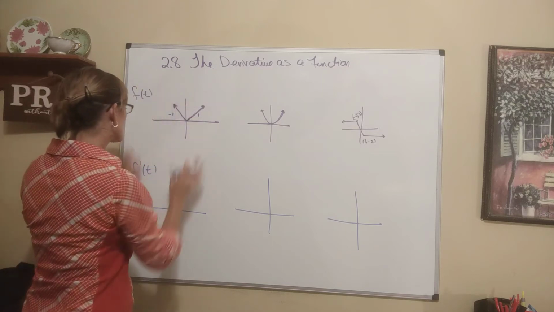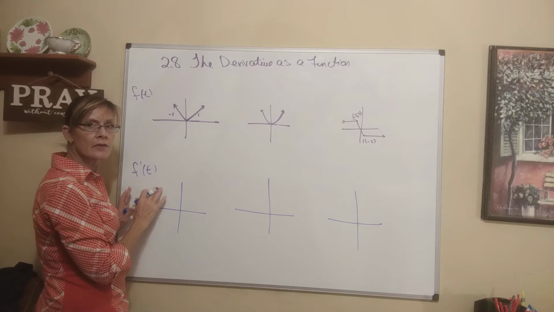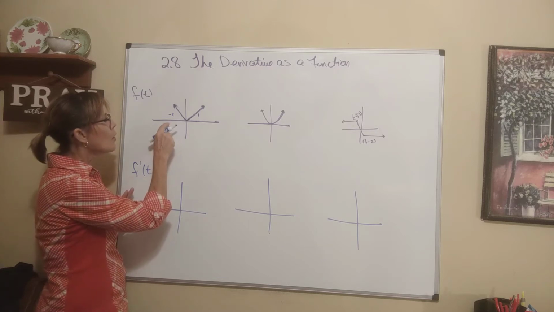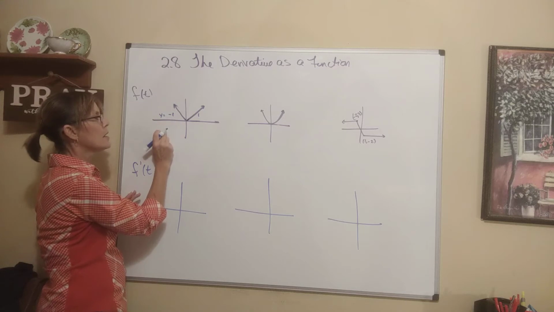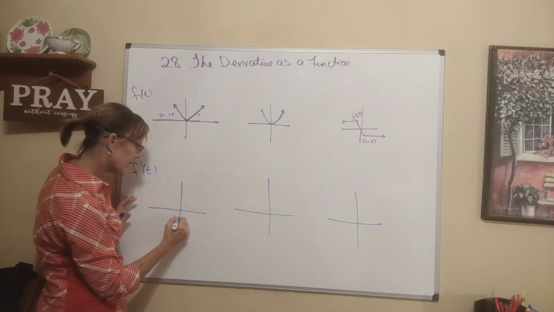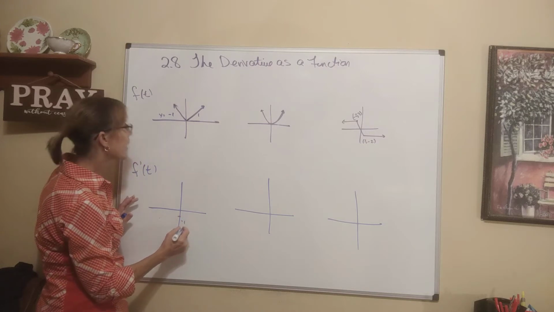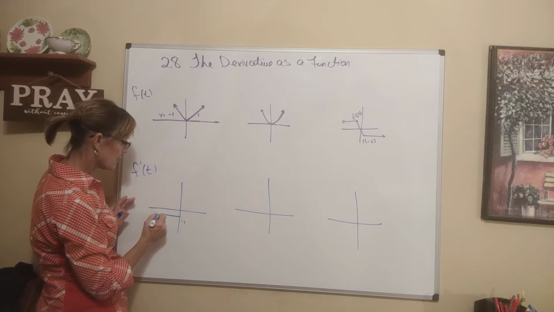So how could you graph the derivative of this function? Well, y equals -1 all the time is a horizontal line. So we'll be down here at -1. Okay, and where is this happening? This is happening for values to the left of 0.